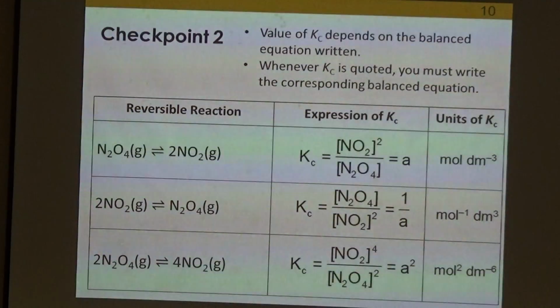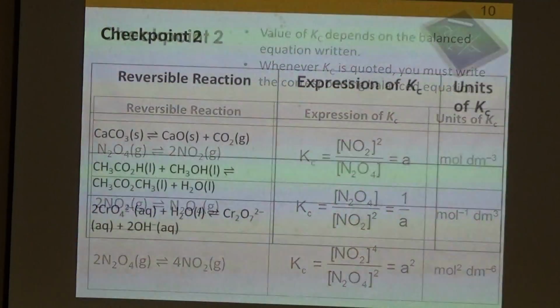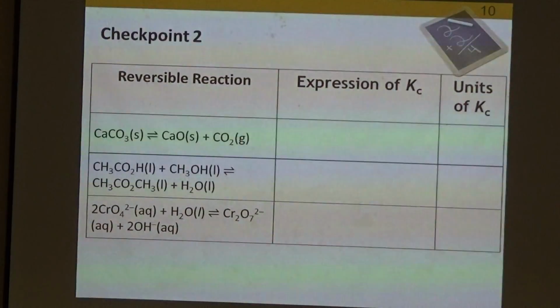Now, I want you to take note of those comments there, which are important. The Kc is dependent on the equation that you write. Therefore, whenever you quote a Kc, it must have an equation with it. If not, it doesn't mean much. The next one is interesting because there are solids there, so you just ignore them and it's just the concentration of the gas.